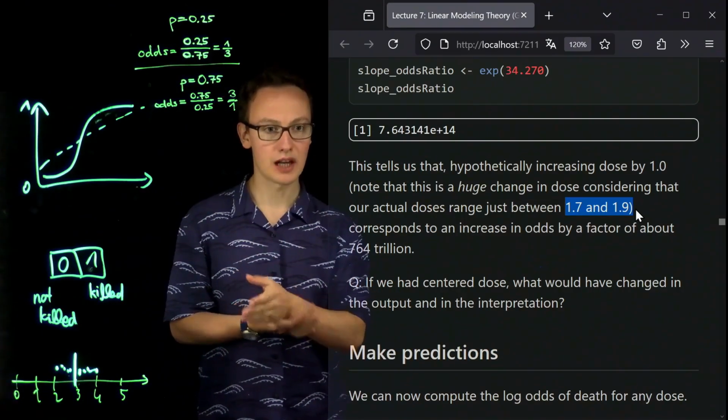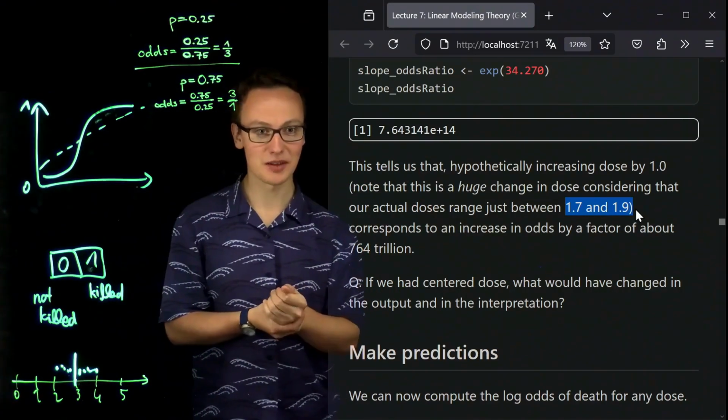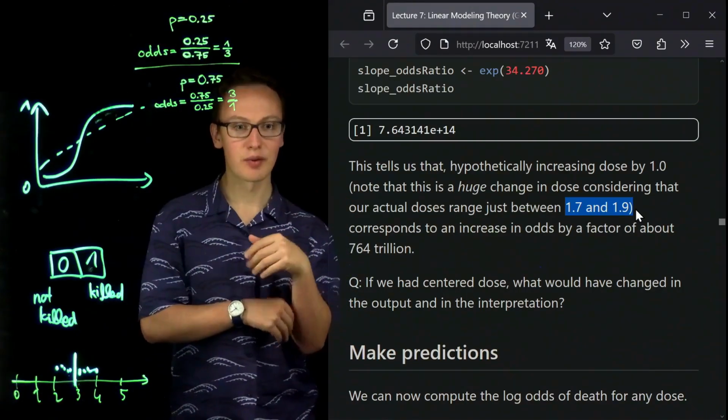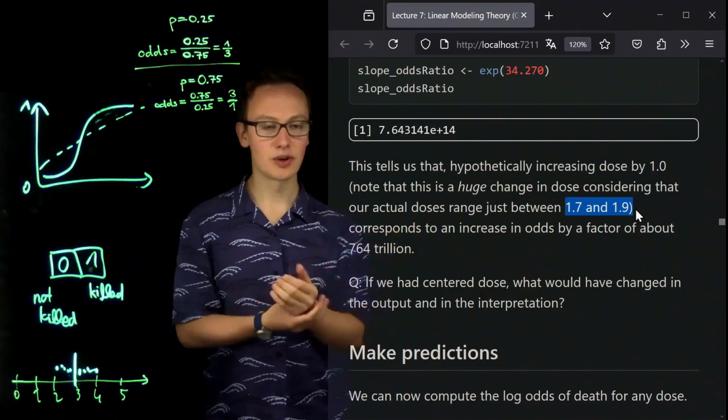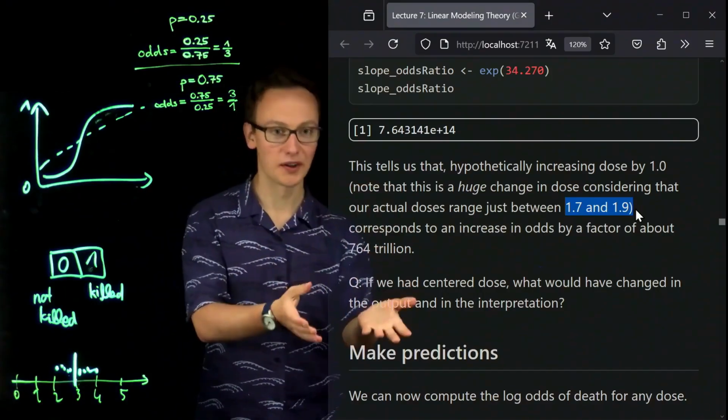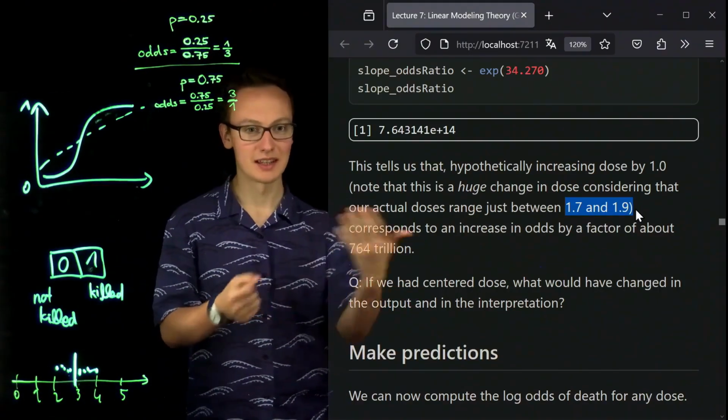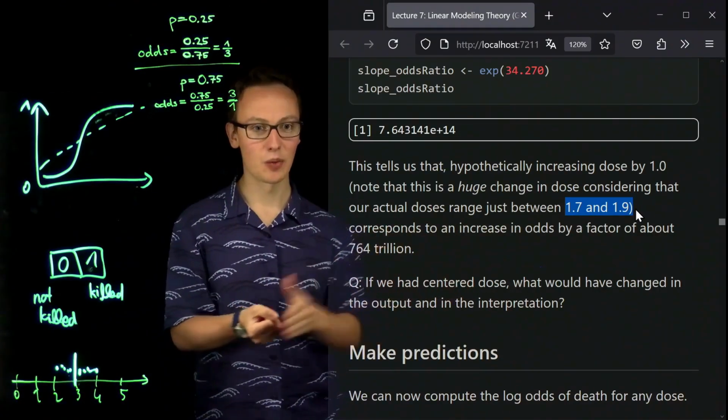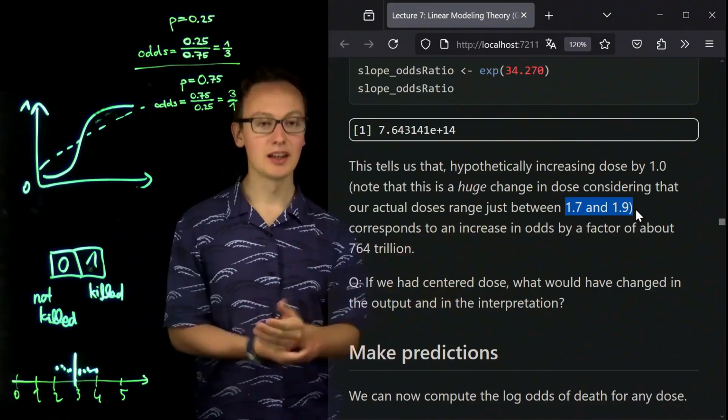So 1/2 times 764 trillion, so we would have about 380 trillion as our new odds of a beetle dying once we've increased the dose by 1 entire step.